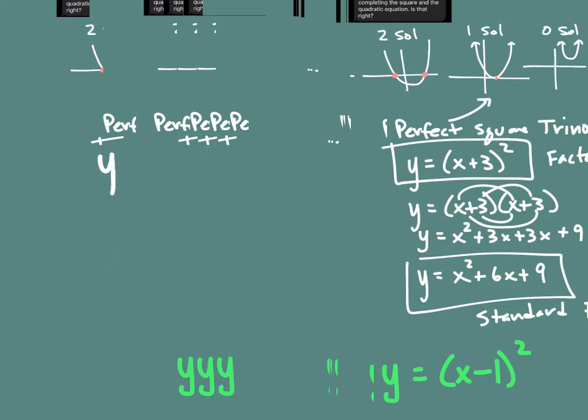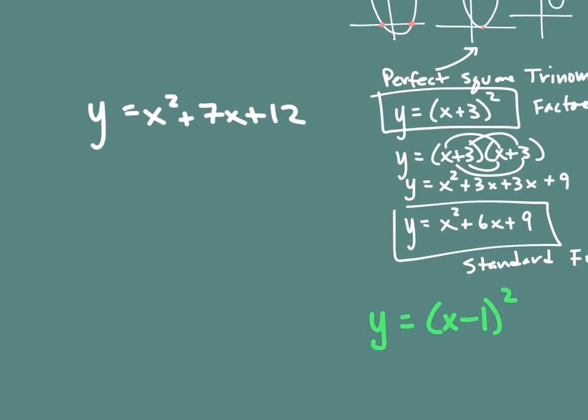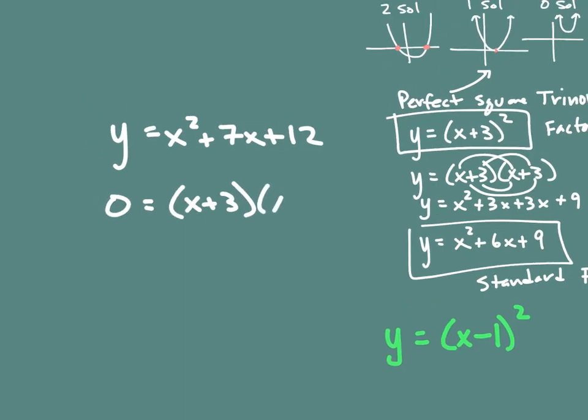Let's just think of one where you don't have one solution. One of my favorite quadratic equations is x squared plus 7x plus 12. And yes, I have favorite quadratic equations. So I'm going to factor this, set this equal to 0. This is going to factor to x plus 3 times x plus 4. Set each of those factors equal to 0, and you get two solutions out of that.